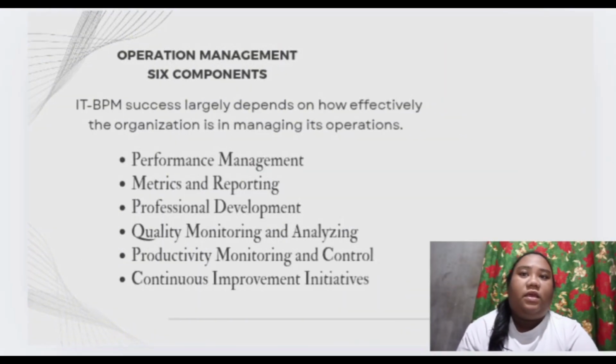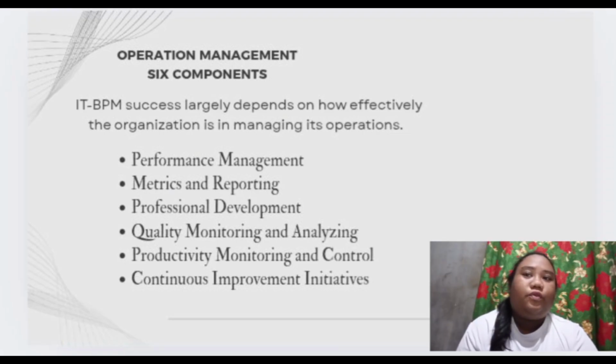Operations management success depends on how well an organization handles 6 key components. Performance management involves checking how well employees perform, metrics and reporting. It uses data and numbers to measure their progress. Third, professional development. It focuses on improving employees' skills through training. Fourth, quality monitoring and analyzing.